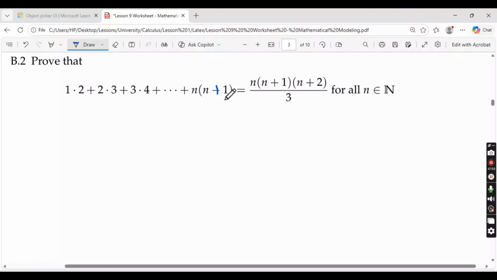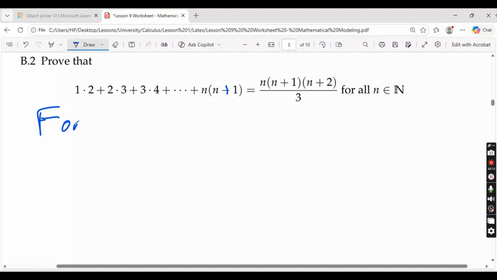So now what do we do first? We prove for n equals 1. For n equals 1, what side are we dealing with first? Left-hand side.